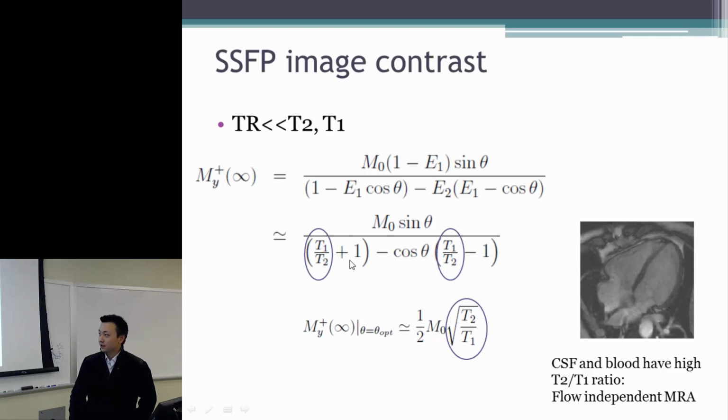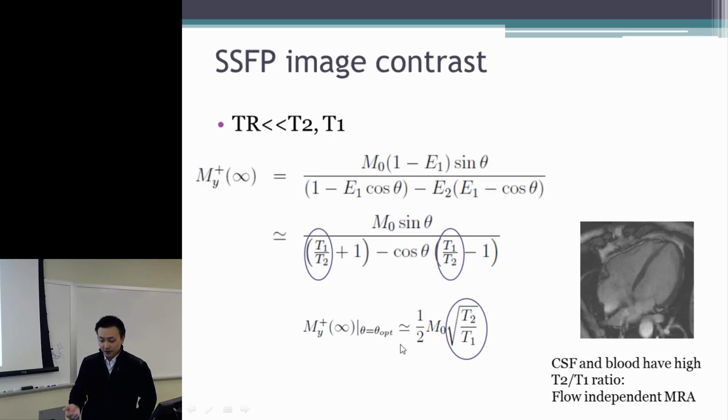So it's basically a T2 over T1 weighted contrast. This is a new type of contrast. If we have chosen the optimal flip angle, we can come up with an even simpler expression of the imaging contrast. This is the square root of T2 over T1. So the SSFP images would give us imaging contrast based on this ratio.